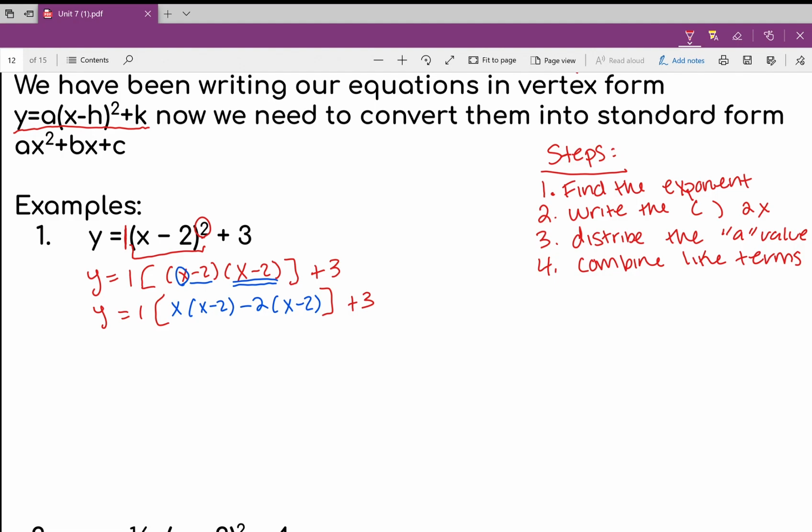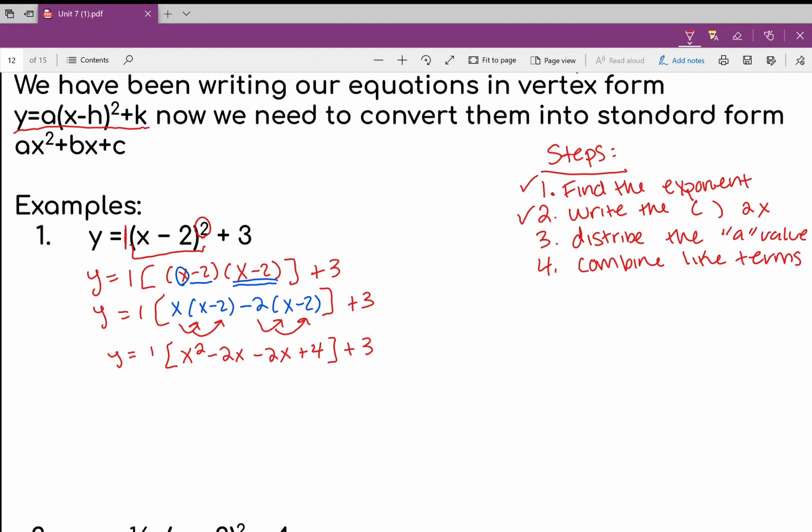Then I distribute what's inside the bracket. I have x times x, which is x squared, x times negative 2, which is negative 2x, negative 2 times x, which is negative 2x, and negative 2 times negative 2, which is positive 4. I bring down everything else on the outside. That completes step 1 and step 2.